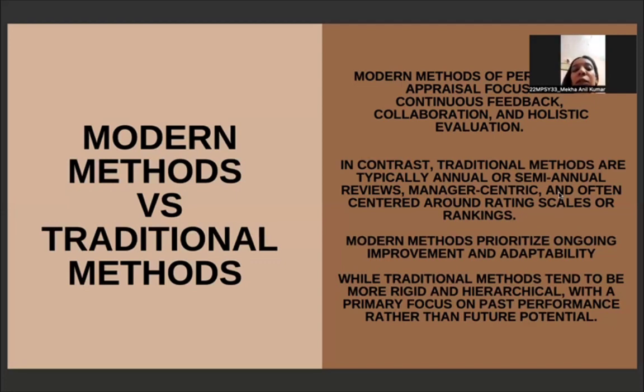So that's the difference between modern methods and traditional methods, where modern methods are more holistic, with a continuous feedback method, and more collaboration can be seen. It's not just rating scales or ranking, where traditional methods were more like rating scales and just ranking, where you're rated. It's more like giving you feedback based on each area where you have to develop yourself, where development is required, and how well you can improve your performance.